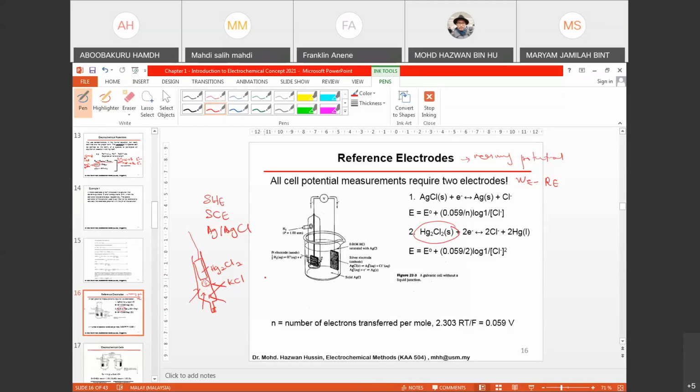Imagine if you use a silver chloride electrode. You have just a silver wire over there, and the septum over here. Then the dimension of the silver wire will be a cylinder.